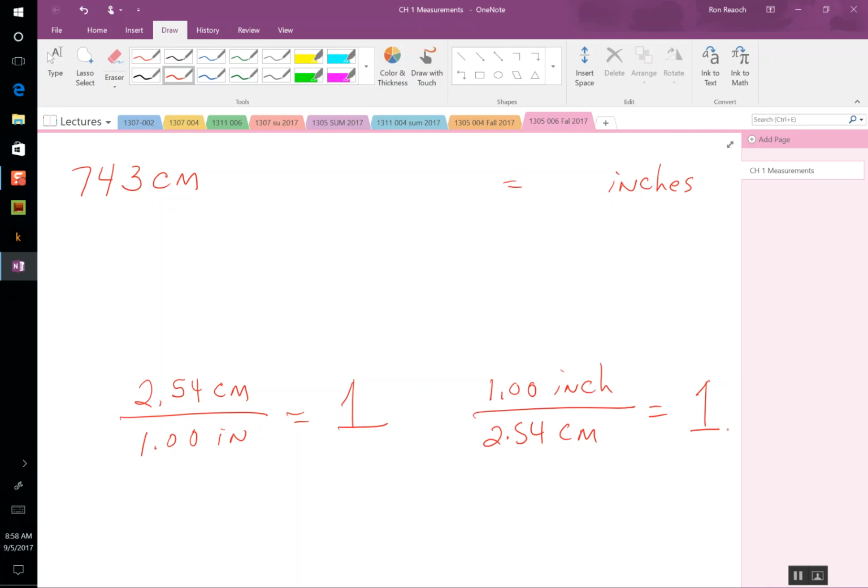You can use this conversion factor in any order you want to. You could put the centimeters in the numerator and the inches in the denominator, or the inches in the numerator and the centimeters in the denominator. It does not change the value of those numbers.